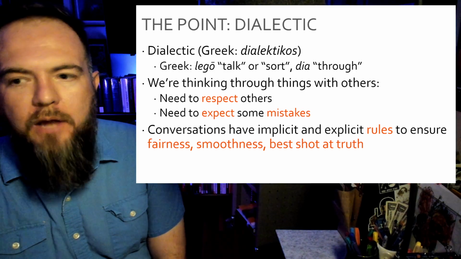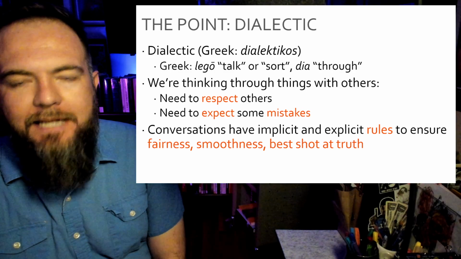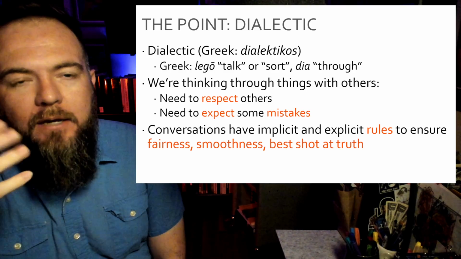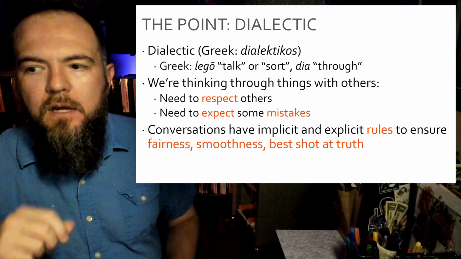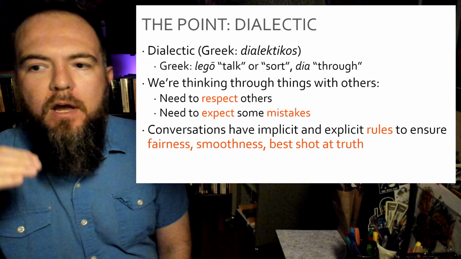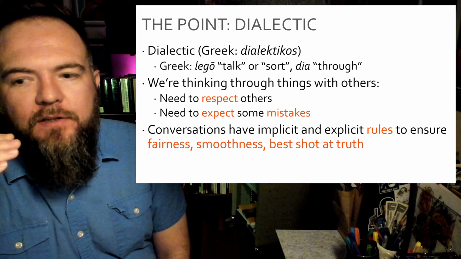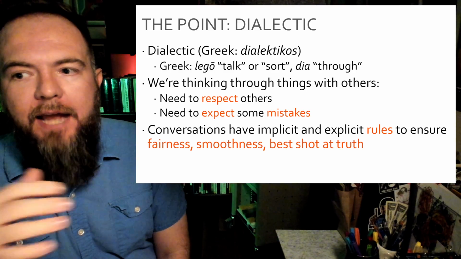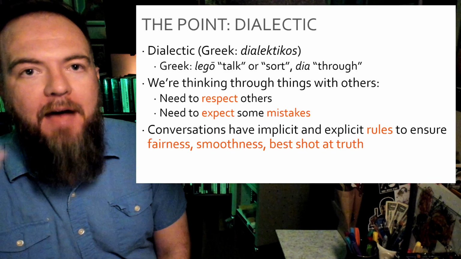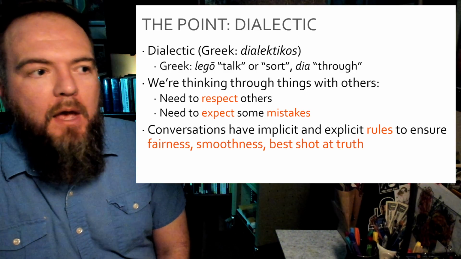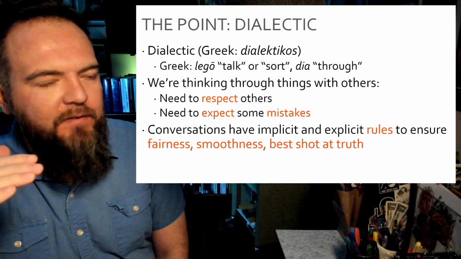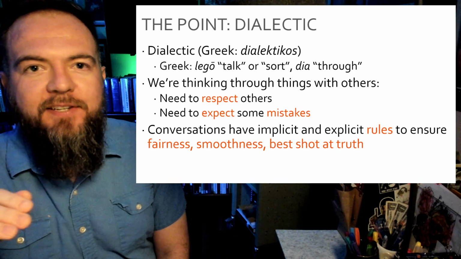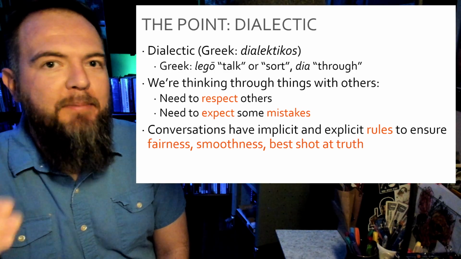But dialectic, broadly speaking, comes from the Greek word dialektikos. And that comes from the Greek word lego, which is about talking or maybe about sorting things out, and dia, which means through. So you can think of dialectic as something that happens through speech. We're using speech to sort different ideas, to evaluate stuff, to argue. But here I don't mean argue in the sense of purely combative, vindictive, maybe something like cross-examination in a criminal trial or anything like that.